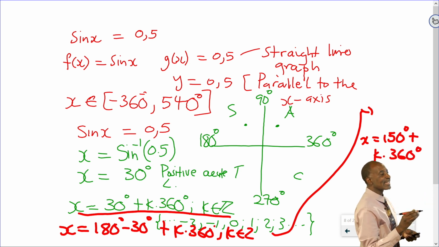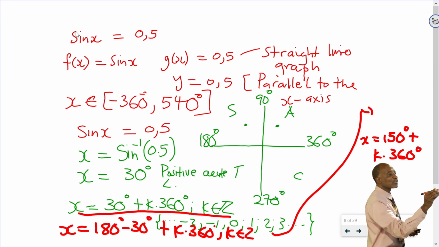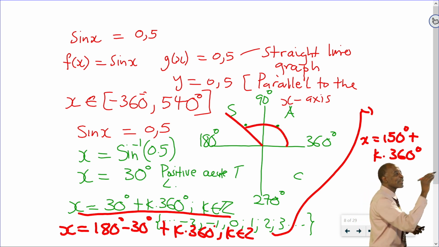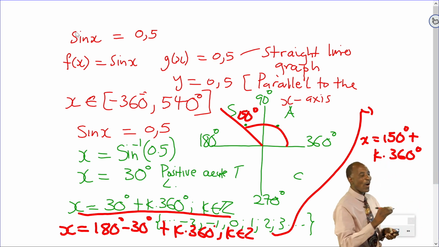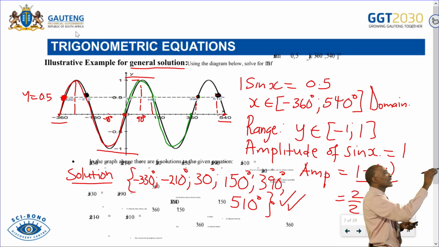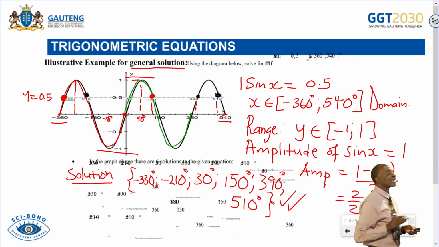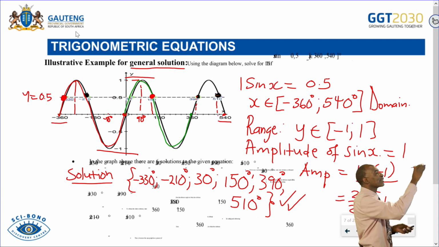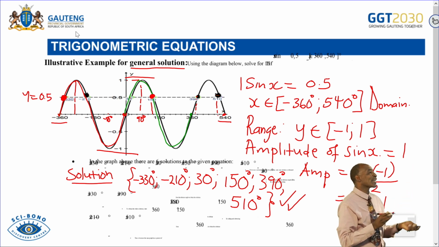So it means here are other angles that will be led by 150 degrees, which is in the second quadrant. So 150 will generate its own angles, meaning these graphs will meet also here at 150. Then that 150 will generate its own other angles.